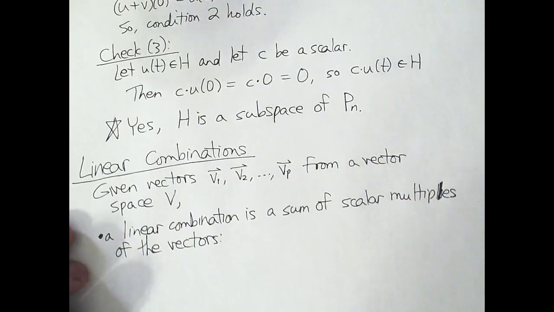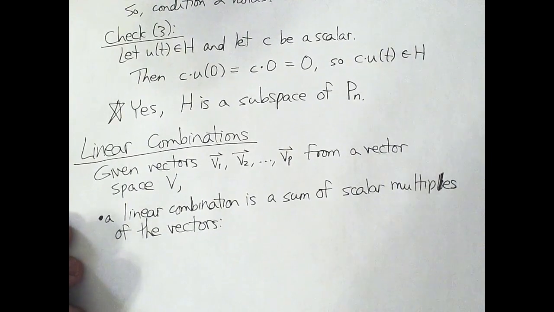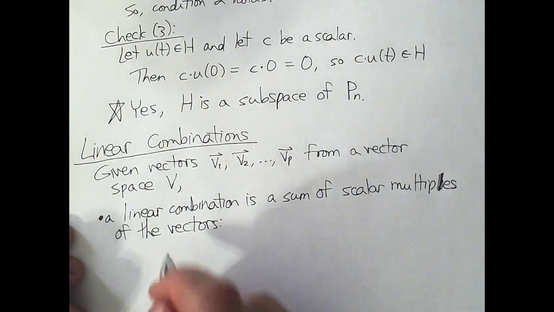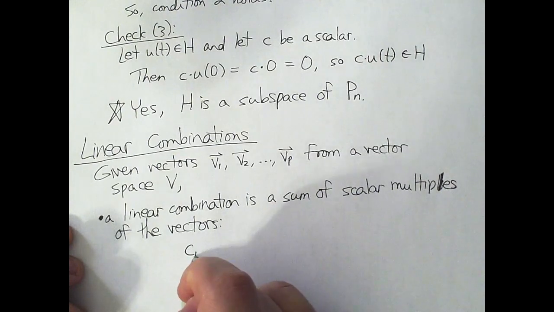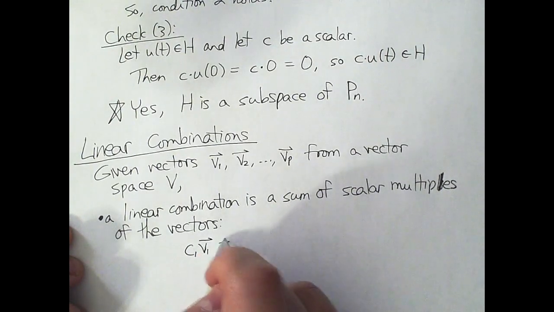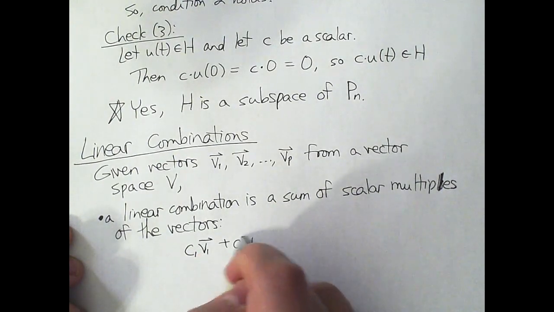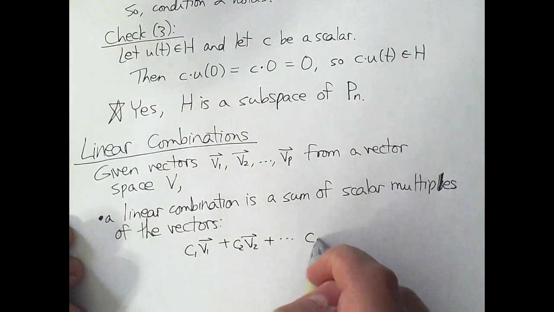All right, it says a linear combination is a sum of scalar multiples of the vectors. So that would be something like c1v1 plus c2v2 all the way up to cpvp.